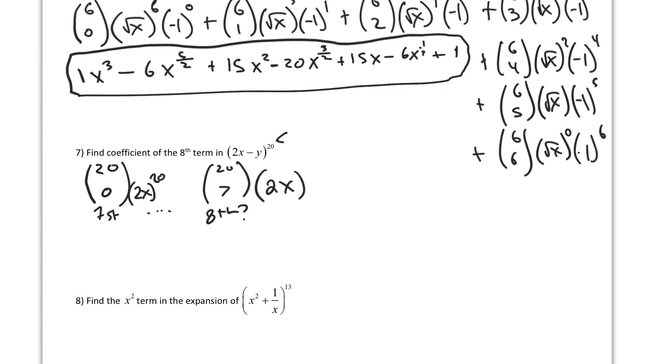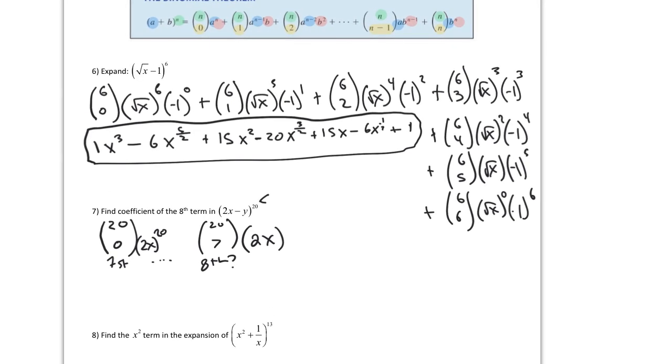One of the patterns you'll notice, and you actually see it in the formula up above as well, is that the exponent of a is always n minus the bottom number in your coefficient. So we have 20 minus 7, which gives me 13 here.